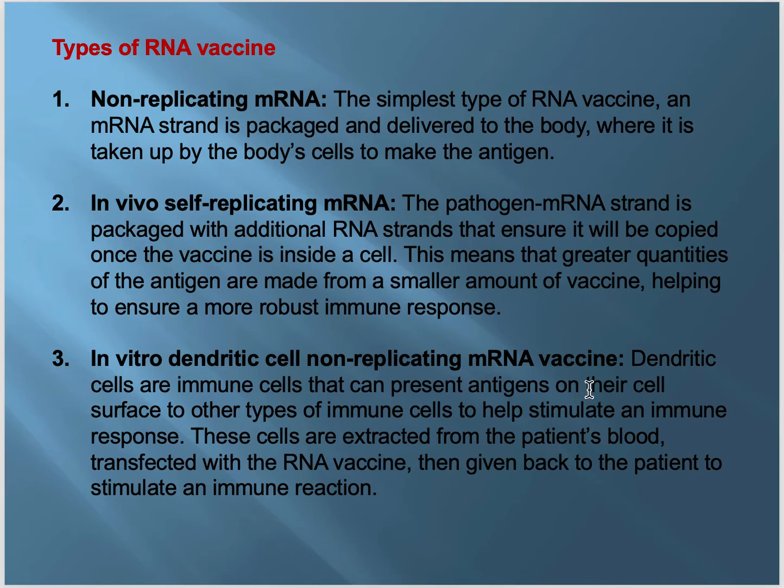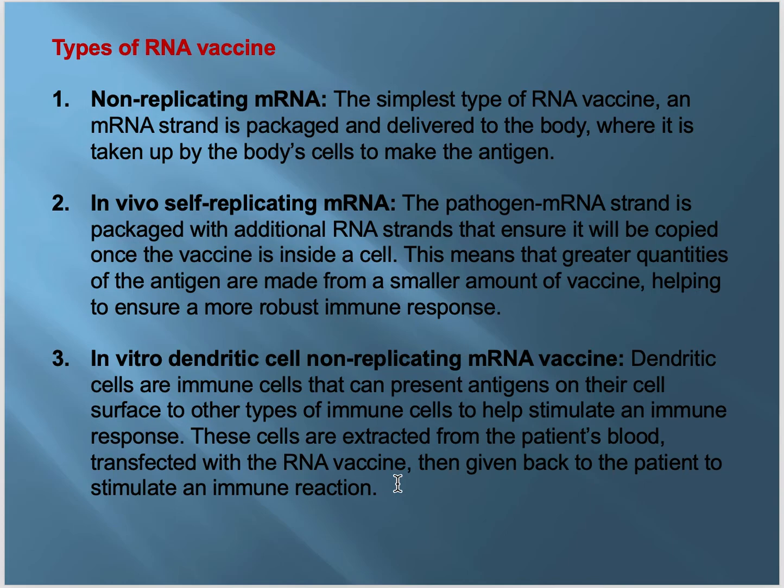Actually, in this strategy, dendritic cells are used to produce the vaccine. So how is it done? First, you need to collect the dendritic cells from the patient's blood. Then you have to transfect these dendritic cells with your messenger RNA or the RNA vaccine. Dendritic cells are antigen presenting cells, so upon transfection they will present the antigen on the cell surface.